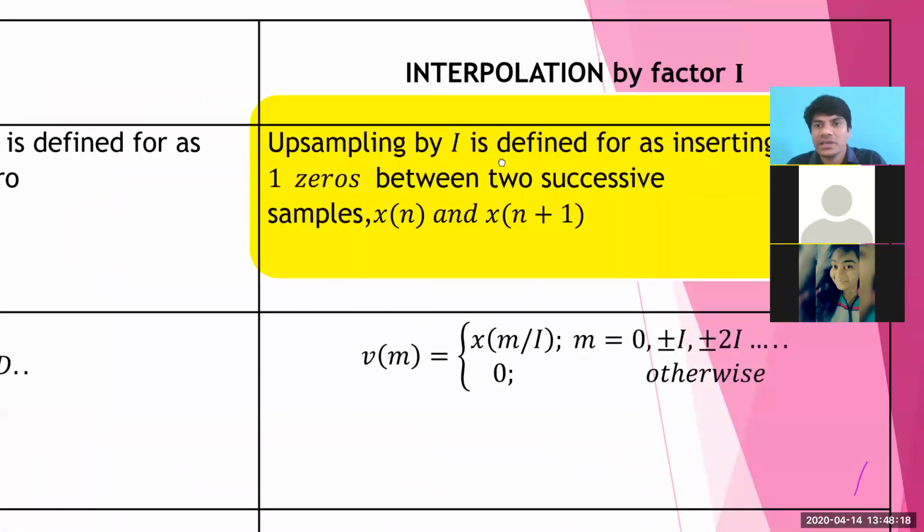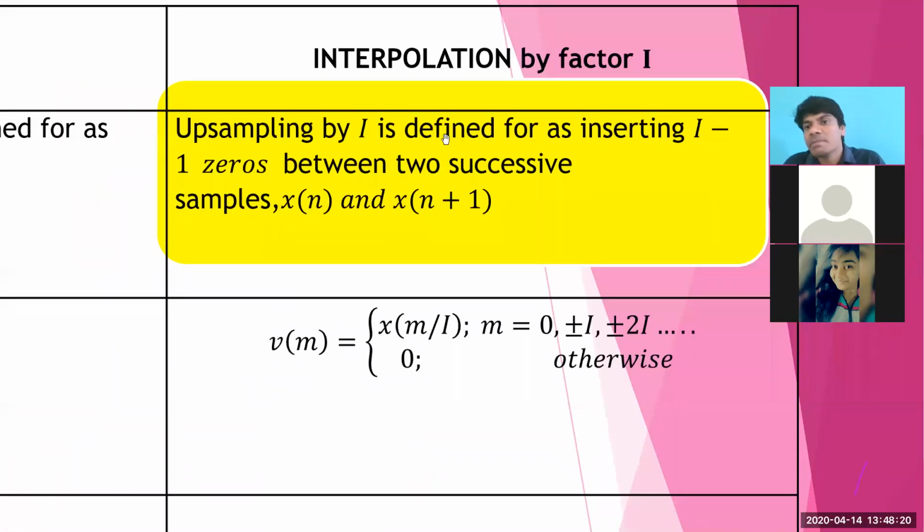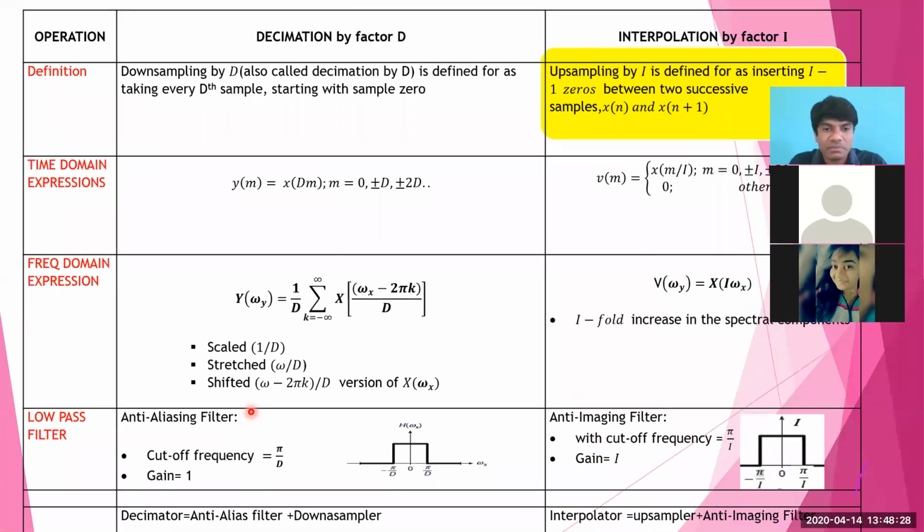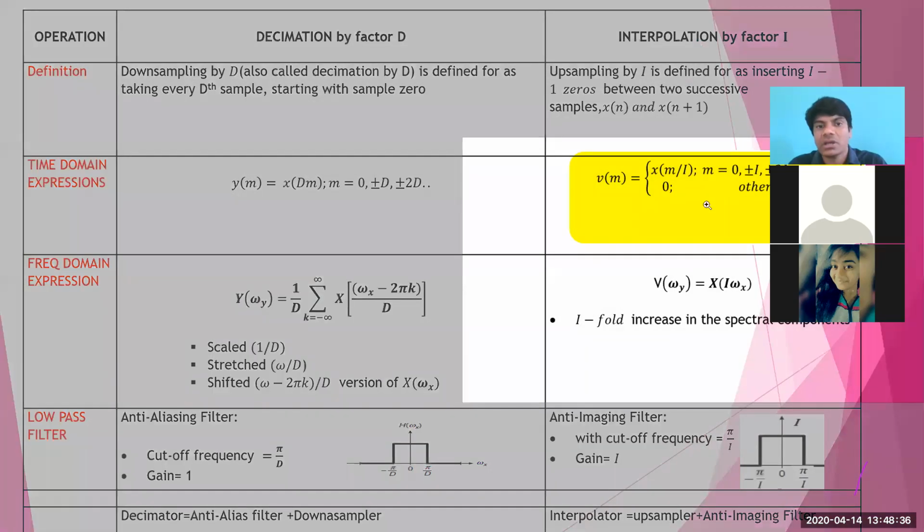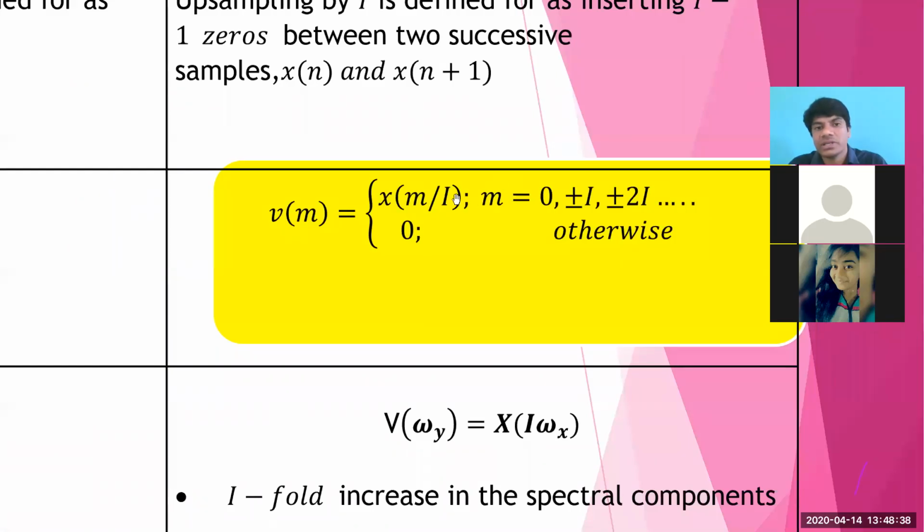As you can see here, in the interpolator it is upsampling by a factor I, means we are inserting I minus 1 zeros between two successive samples. And the same thing can be said about its time domain representation. Here, as you can see, the first expression corresponds to the expansion process.